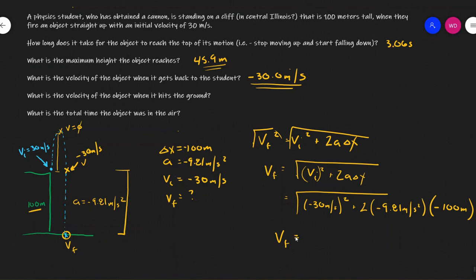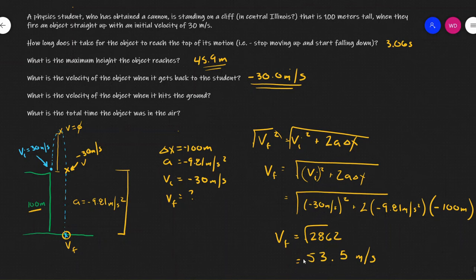I have 30 squared is 900, plus 2 times negative 9.81 times negative 100, and that will give me the square root of 2,862. When I take that, I end up with 53.5 meters per second.